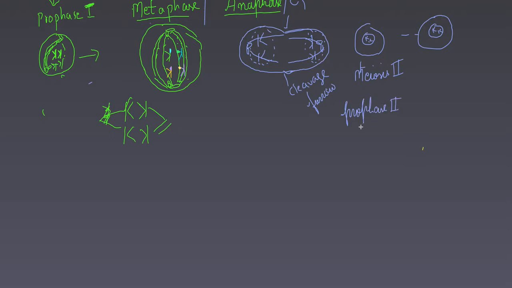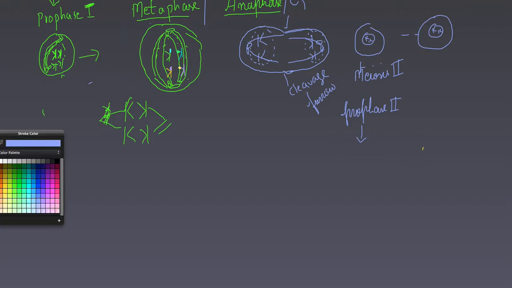what happens in prophase actually is the same thing. The nuclear membrane starts to disappear, and the genetic material becomes condensed, and the microtubules start forming around the cell.